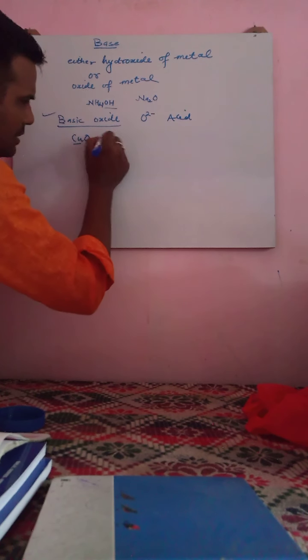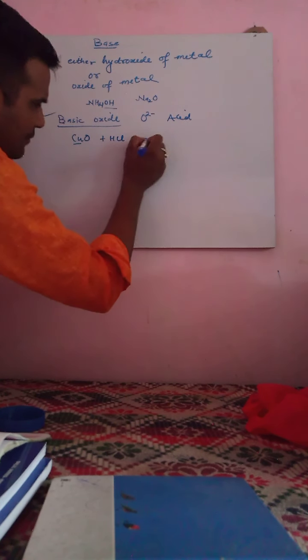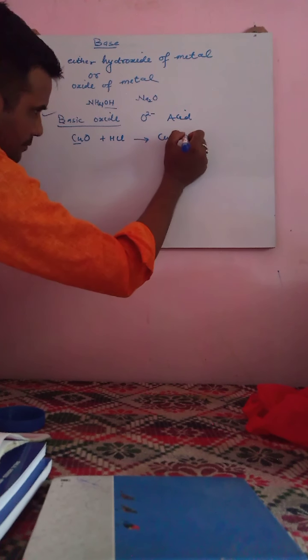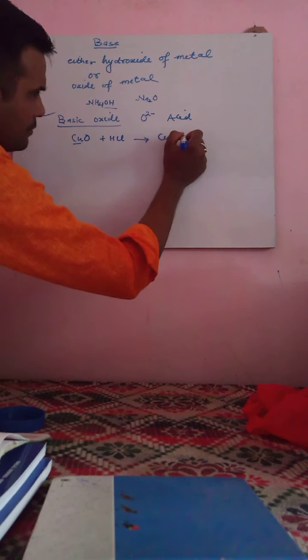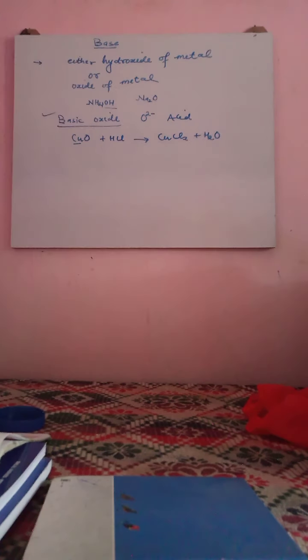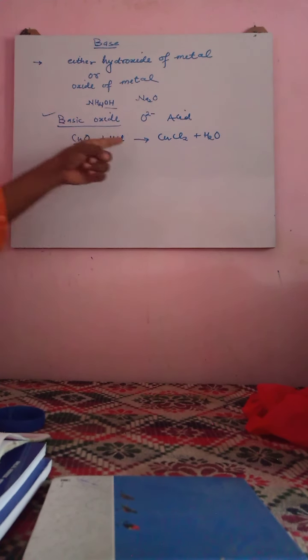When it reacts with hydrochloric acid, it forms CuCl2 plus H2O, right? So what are basic oxides? Substances containing O2- radical that react with acid to produce salt and water are known as basic oxides.